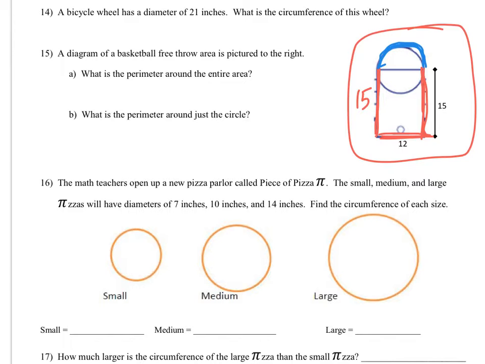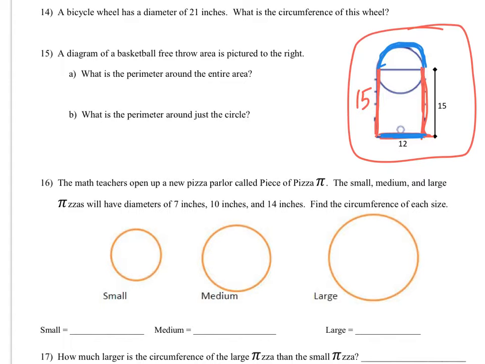So the 15 plus 15 plus 12, that's pretty simple, but we need to figure out what half of that circle is. Perimeter of a circle is another word for circumference, so we need to figure out what half the circumference of that circle is. Well, you can see that the diameter of the circle has to be equal to this 12.